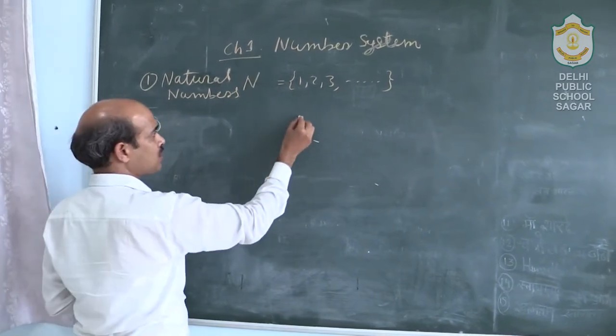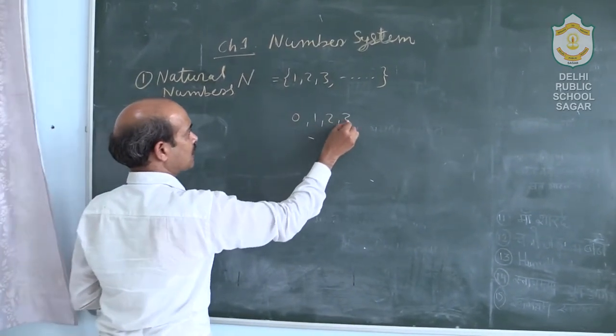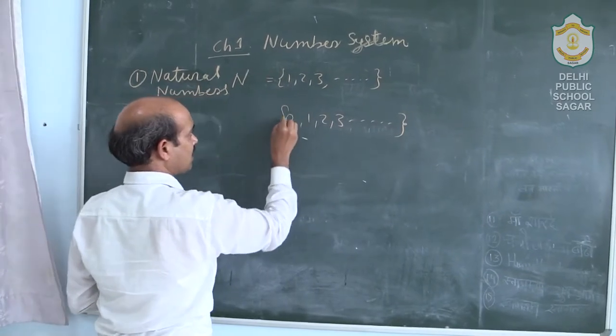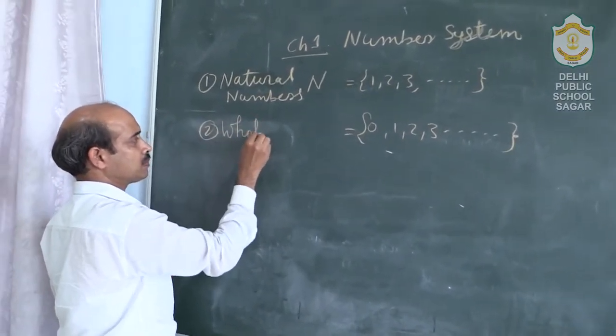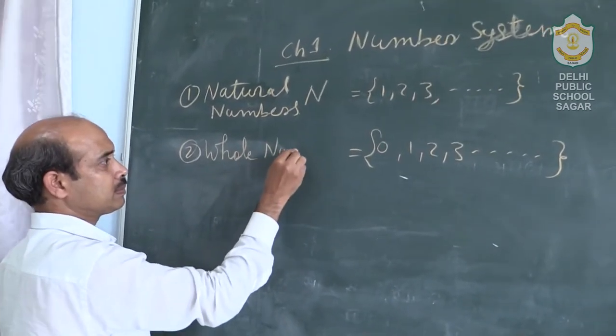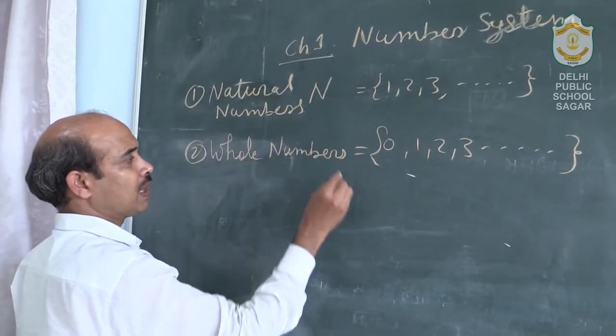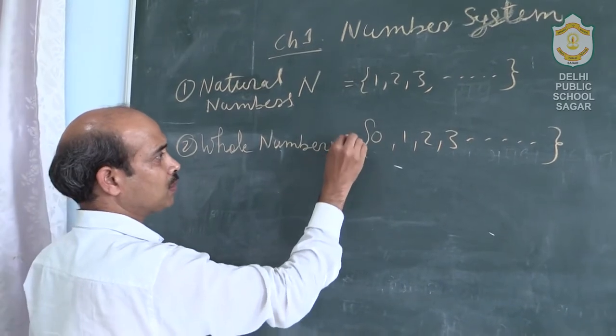If you add 0 in natural numbers, then these numbers are called whole numbers, and denoted by W.